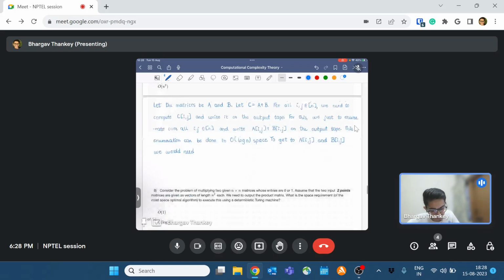We need a counter that can count to (n minus 1) times i plus j. Why? Because let's say you are in the first row and you want to go to the jth position, then you just need a counter that counts to j. Oh wait, it's not. Yeah, (i minus 1) times n.